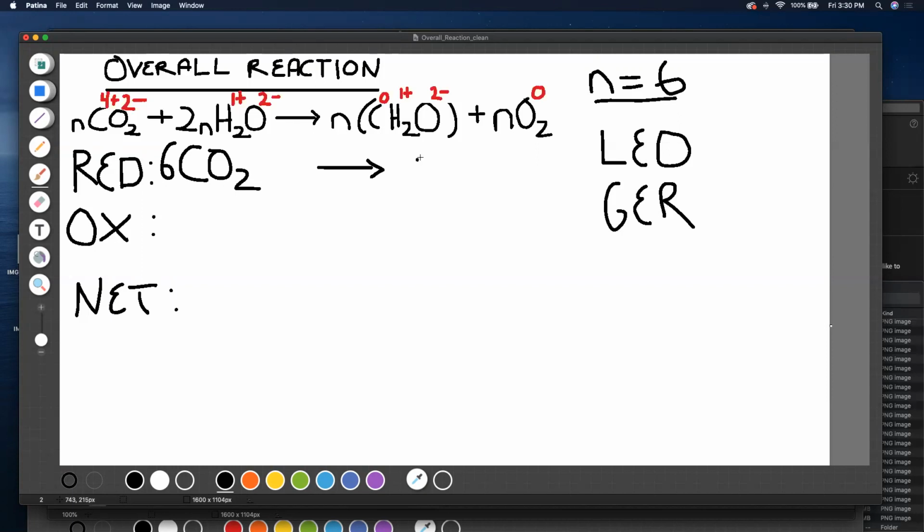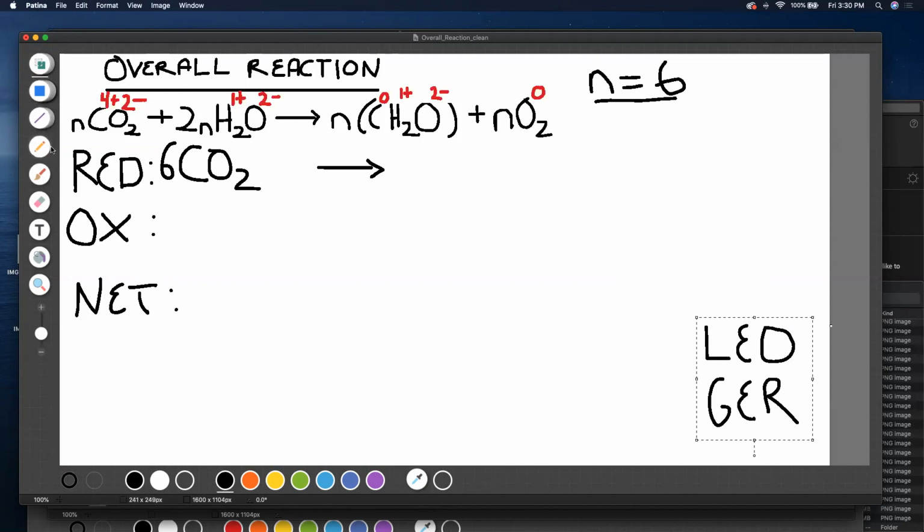So you can put the C6H12O6 on the other side, the product side.